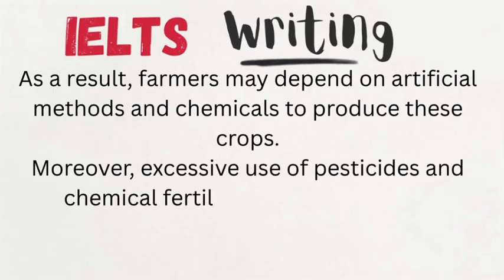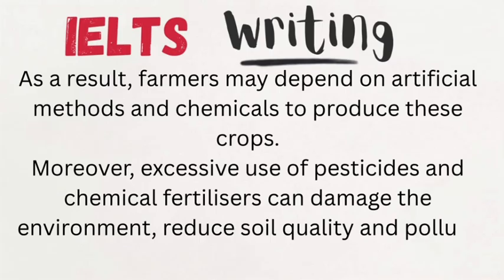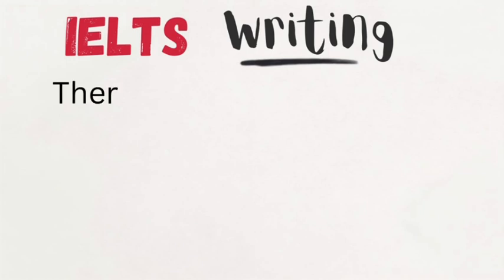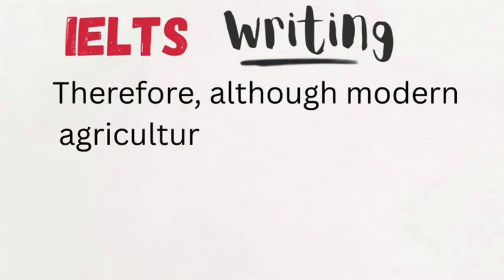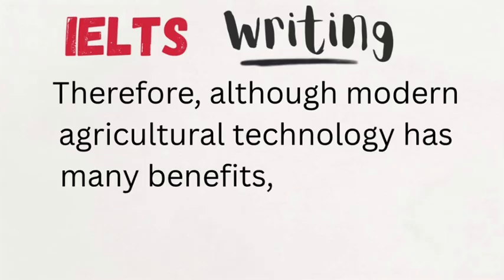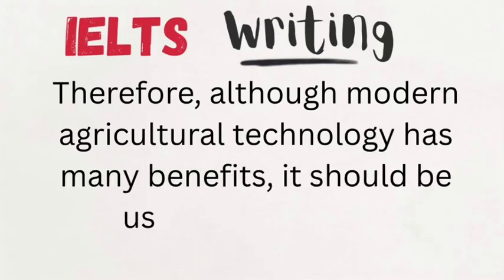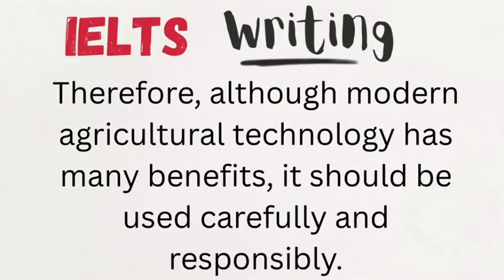Moreover, excessive use of pesticides and chemical fertilizers can damage the environment, reduce soil quality, and pollute water sources. Therefore, although modern agricultural technology has many benefits, it should be used carefully and responsibly.